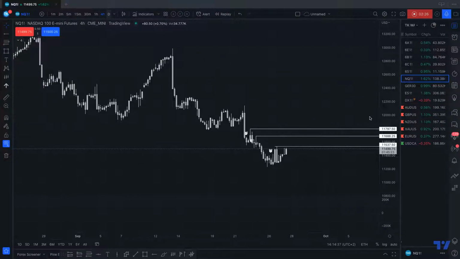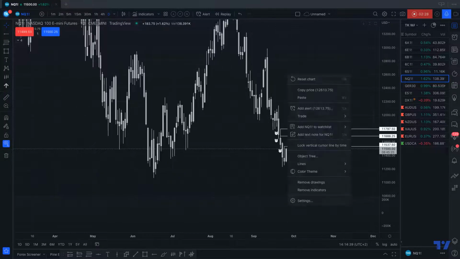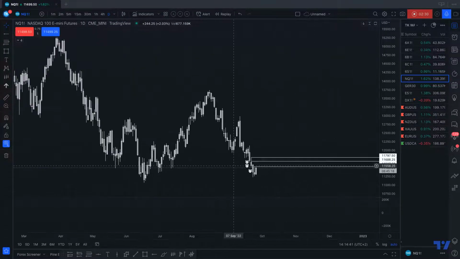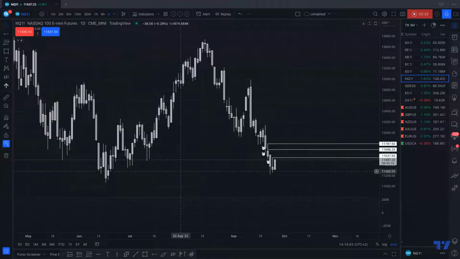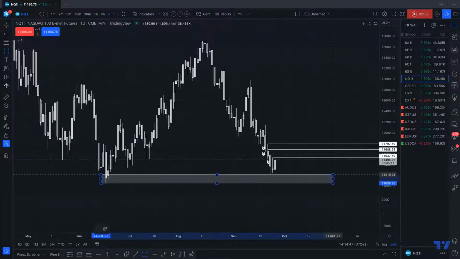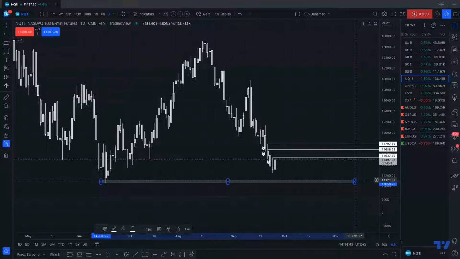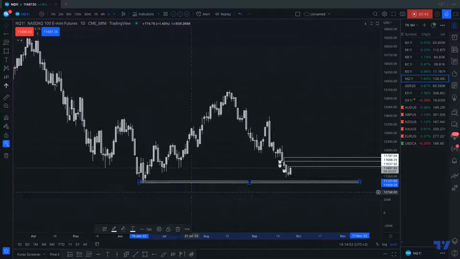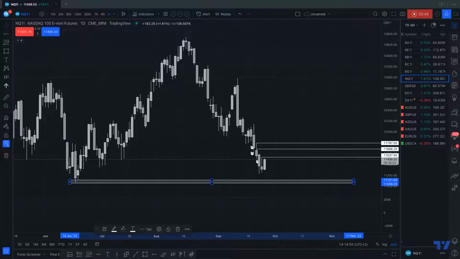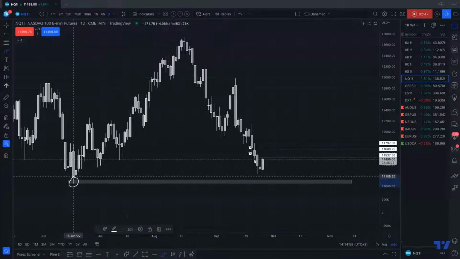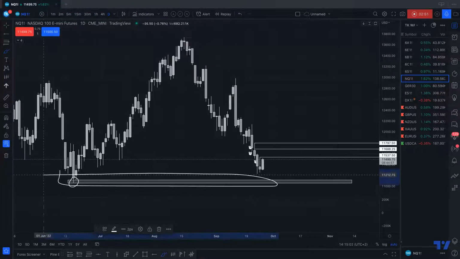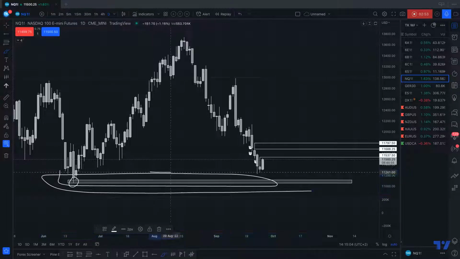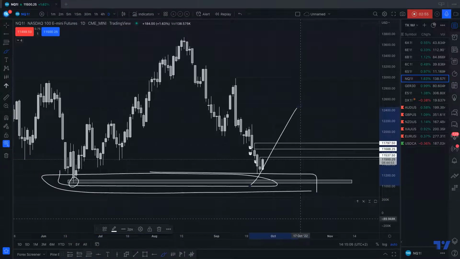If we move on a daily time frame, what we can see is that we are quite close to the historical minimum here. So we can suppose that inside this zone we'll probably have a strong movement up.